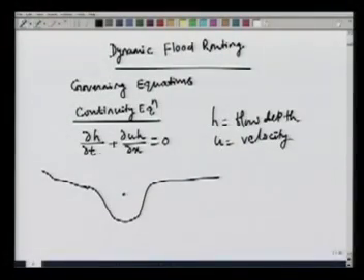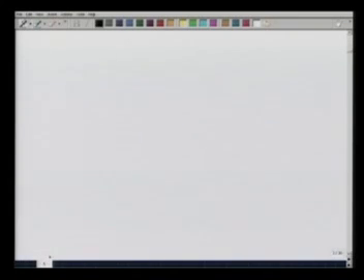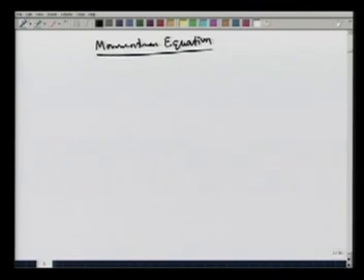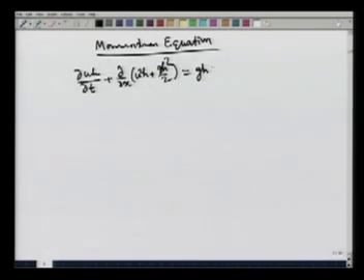So, this is the continuity equation for water flow, and the momentum equation for water flow will be partial uh over partial t plus partial over partial x of (u squared h plus g h squared by 2) is equal to g h (S0 minus Sf).